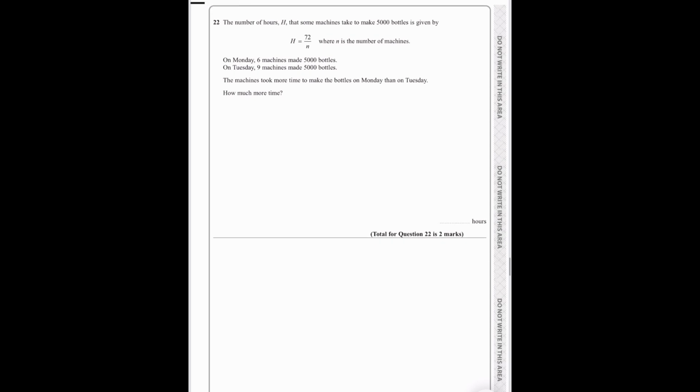Question 22. The number of hours H that some machines take to make 5,000 bottles is given by H equals 72 over N, where N is the number of machines. On Monday, 6 machines made 5,000 bottles. So on Monday, we had 72 divided by 6, which gives us 12 hours.